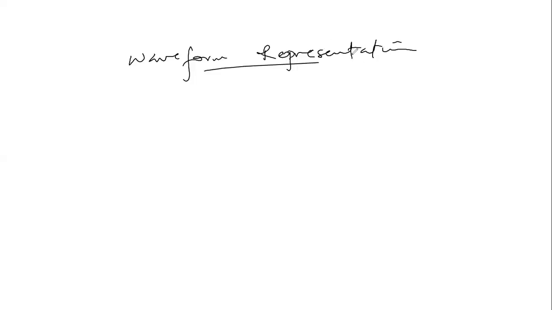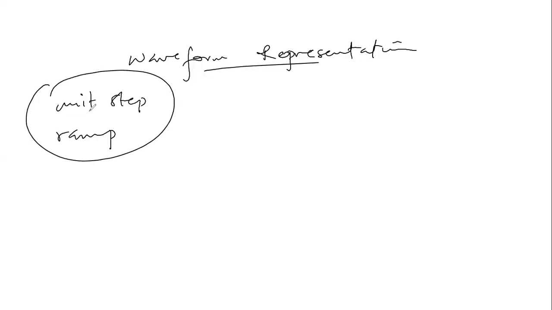When it comes to signal representation, we want to generate the waveform for signals. Conventionally, we can use unit step functions and ramp functions to represent signals, or better still, to design the signal waveform.